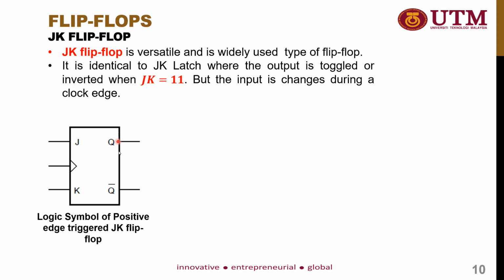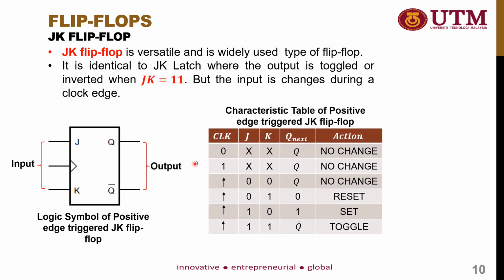So for a positive edge triggered JK flip-flop, it has a total of 3 inputs, which are J, K, and the clock input. As usual, it has a total of 2 outputs, which are Q and Q bar. This is the characteristic table of the positive edge triggered JK flip-flop.